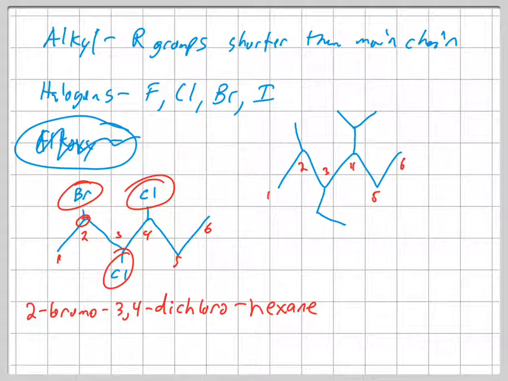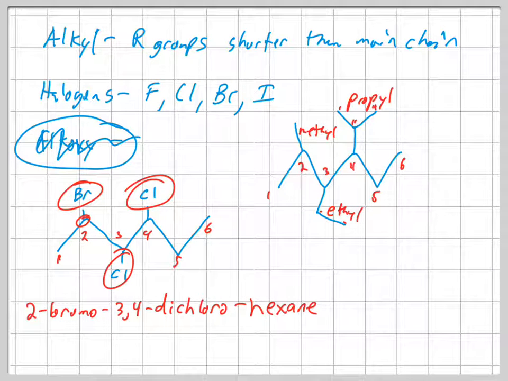So let's go back here and let's name these. So at this point we have this is actually a CH3 group here. So that would be a methyl. So we know this is a methyl. This is methyl ethyl, so that's ethyl. And you see here we have 3 carbons, 1, 2, and 3. So this would be a propyl.